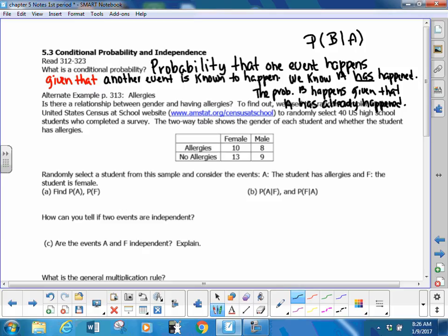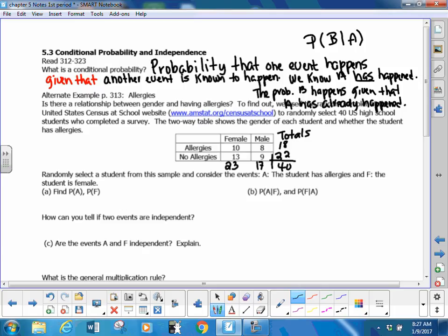Before we work on this table about allergies and no allergies, let's get some totals. 18, 22, we're going to have 40. Is there a relationship between gender and having allergies?